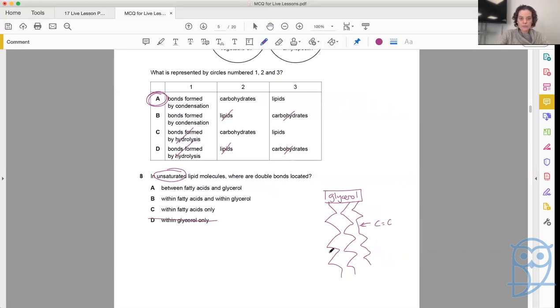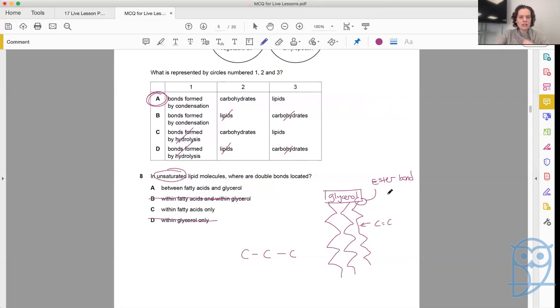So D is out. Do we have double bonds in glycerol? Think nicely about glycerol. Glycerol is just a whole lot of carbons and H's and OH's. There's no double bonds there. So we don't have them within glycerol. So B is out. Then between fatty acids and glycerol, this is our ester bond, formed by condensation, broken by hydrolysis, exactly the same as basically any other bond that we form.